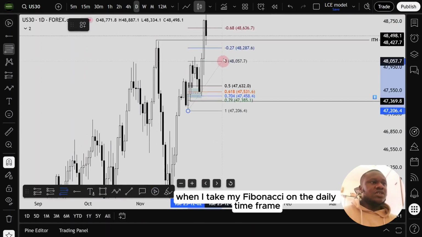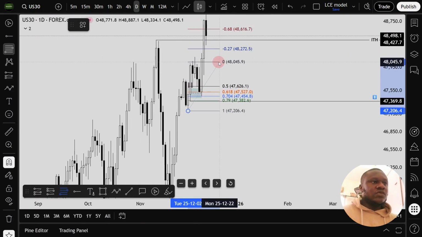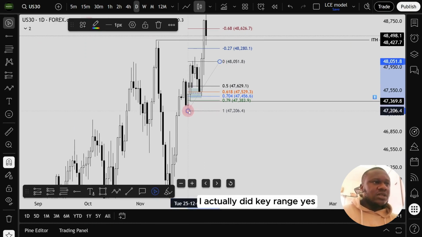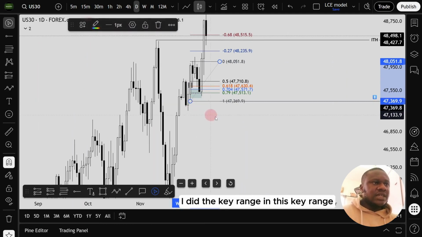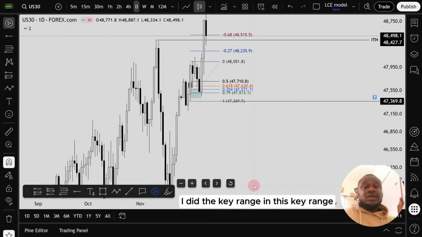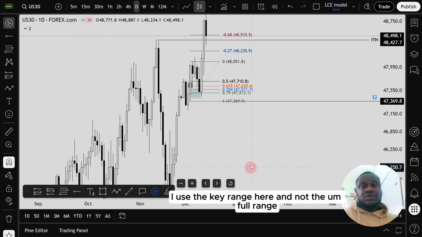When I take my Fibonacci on the daily time frame to the third candle, I actually did key range. Yes, I used the key range here and not the full range.